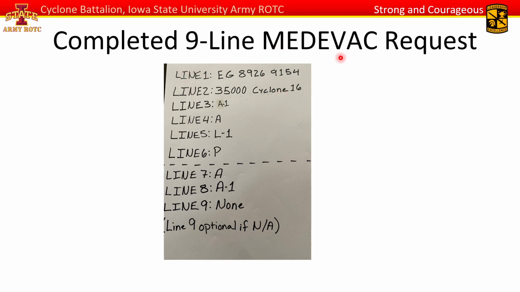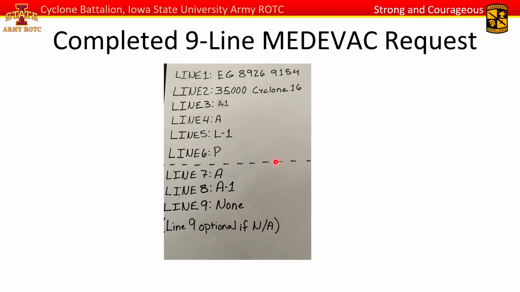So to read it off, you would say: line 1, Echo Golf 8, Niner 2, 6, Niner 1, 5, 4. Line 2, 3, 5, 0, 0, 0, Cyclone 16. Line 3, Alpha 1. Line 4, Alpha. Line 5, Lima 1. Line 6, Papa. Break.